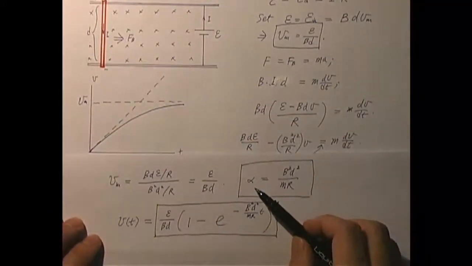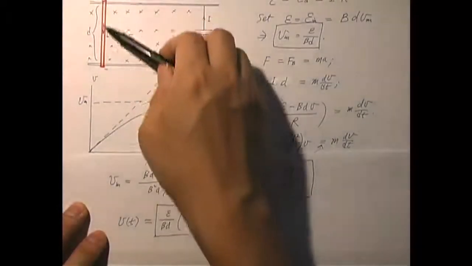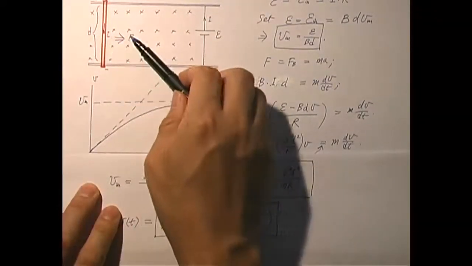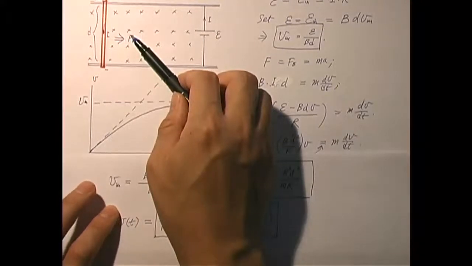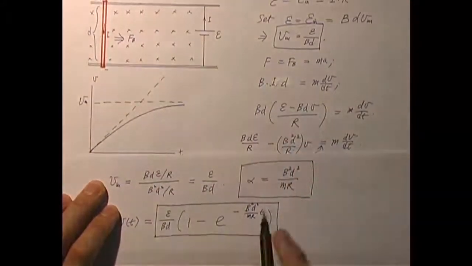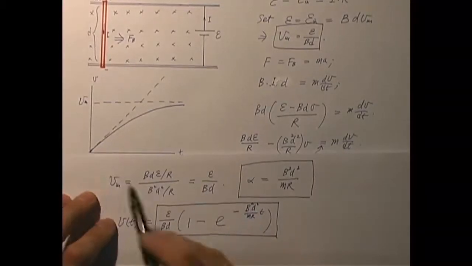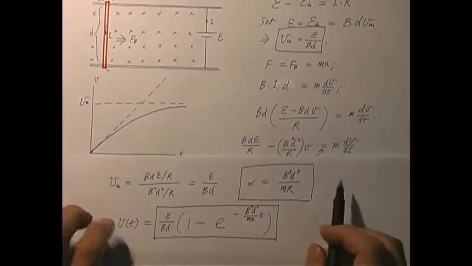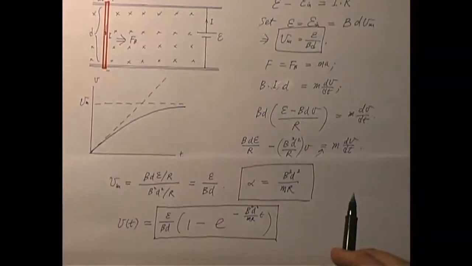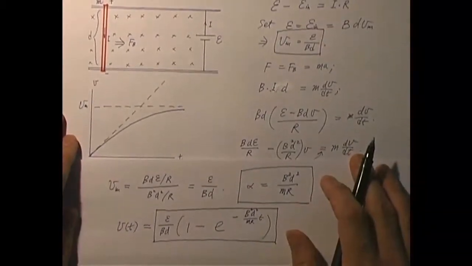That happens, of course, if you use a longer bar cutting through a greater magnetic field, because then the cutting would be more effective. Indeed, when B is greater and D is greater, alpha is greater, so you reach the saturated value faster, which means Faraday's law plays a greater role in this problem.